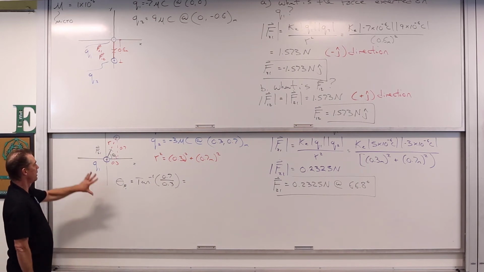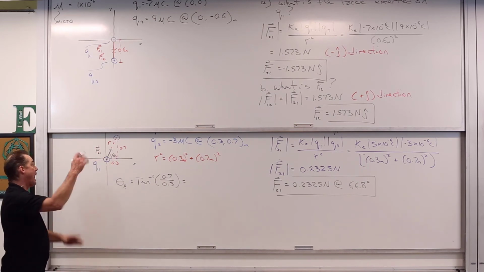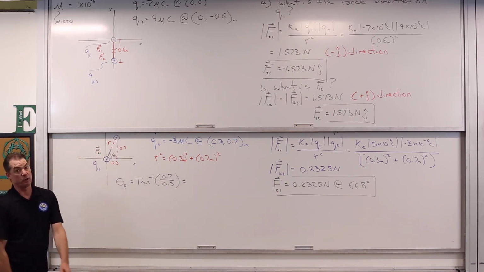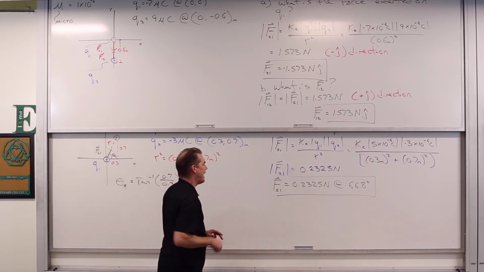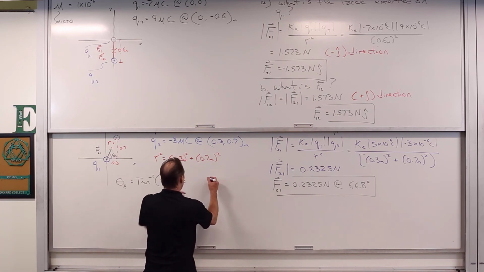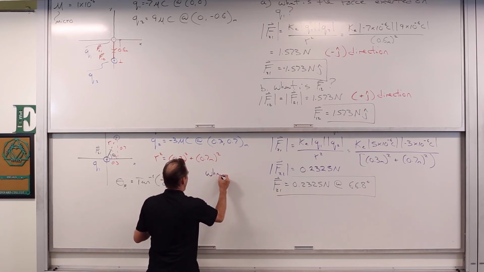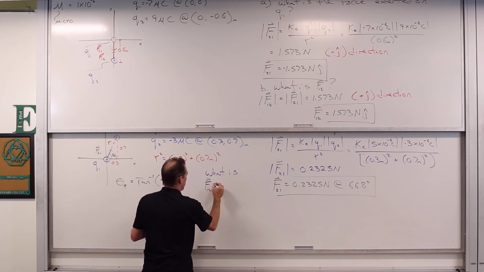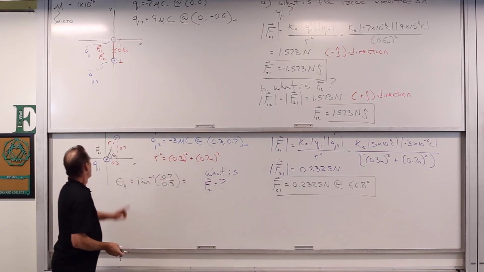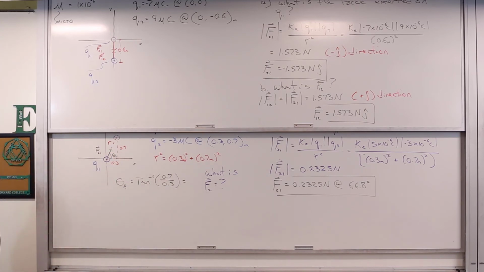It depends on the orientation, the charge under consideration, and whether it's a repulsive or attractive force between the two charges. So what if we ask one more thing here? I know, just one more though. What is F12? What about the force on this one right there?